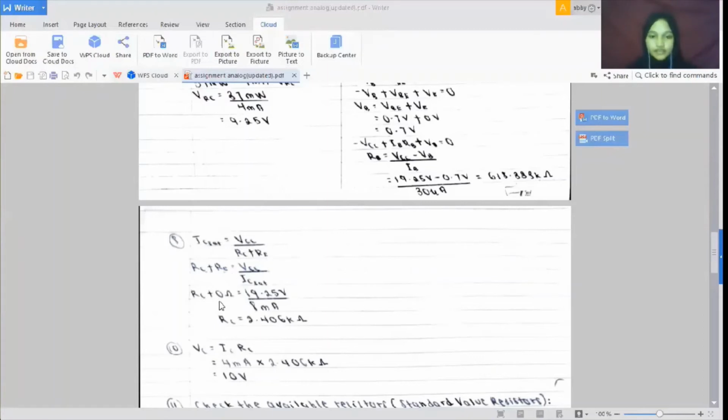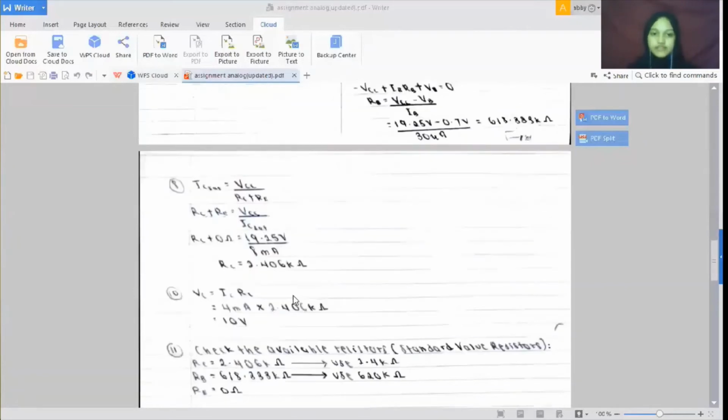Just rearrange the equation because we want to search for RC, so we need to make sure RC is at the front. Enter all the values that we know, which is VCC, IC saturation, and RE, and we will get that RC is equal to 2.406 kilo ohm.